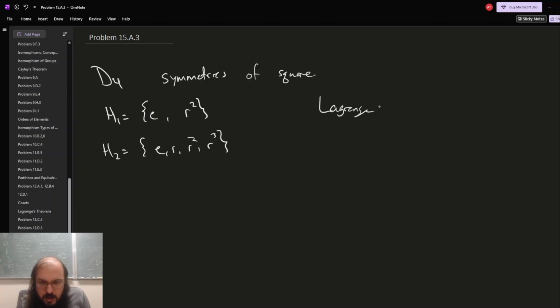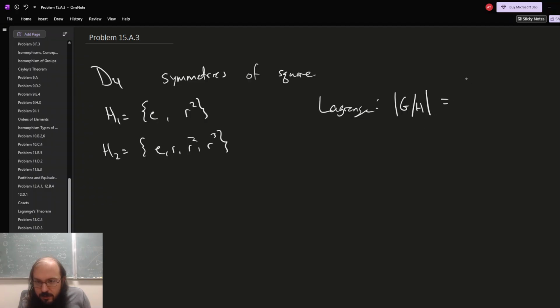Lagrange tells us that the order of a subgroup divides the order of a group, and in particular, it counts the cosets. So Lagrange applies in general, telling us how many cosets there are. But in the case that the subgroup is normal, the cosets are exactly the order of the quotient group.